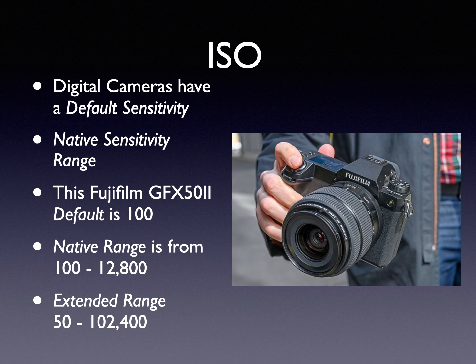But it will even go beyond that using an extended range of 50 up to 102,400. When you go outside the native range, your quality may not be quite as good, but it would probably produce an acceptable photograph, especially if you're putting it on the internet.